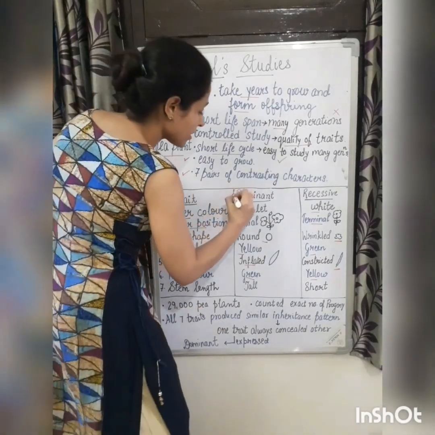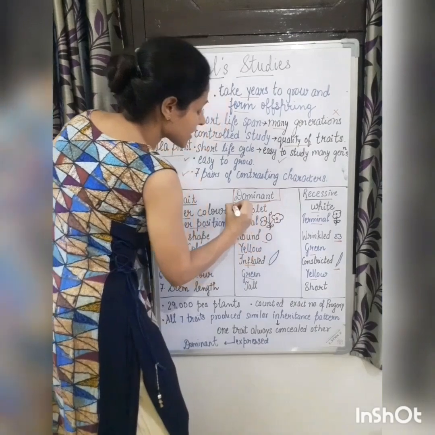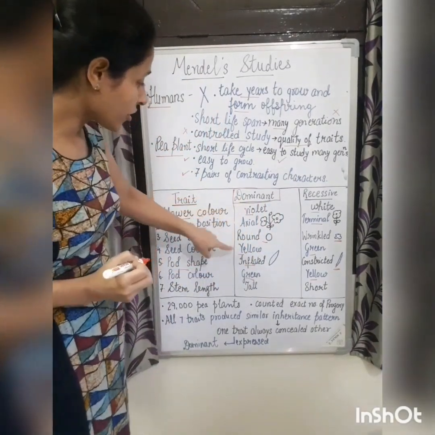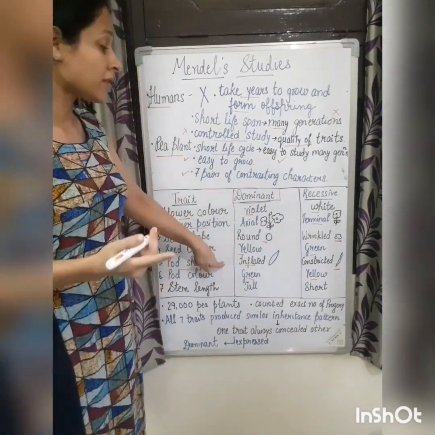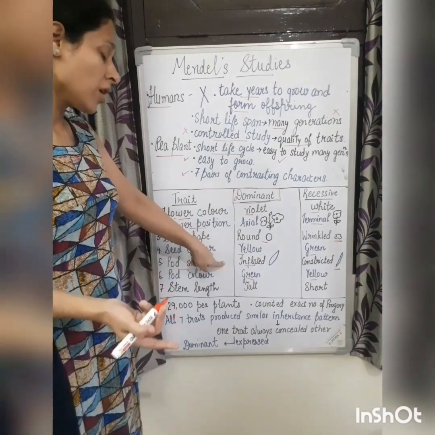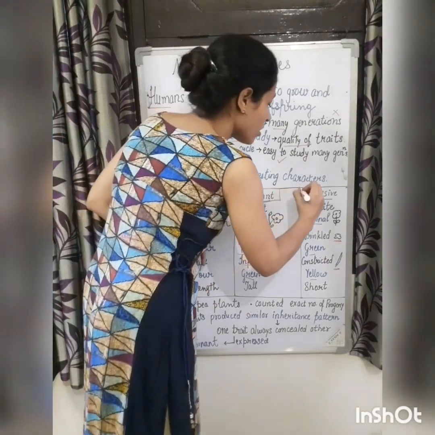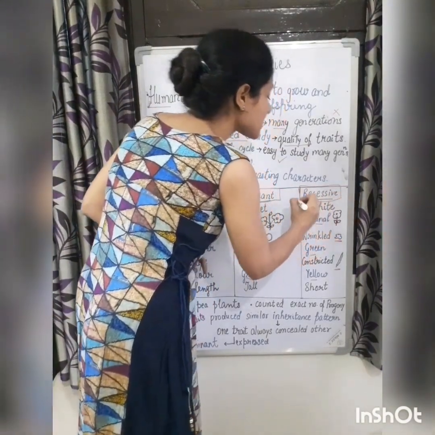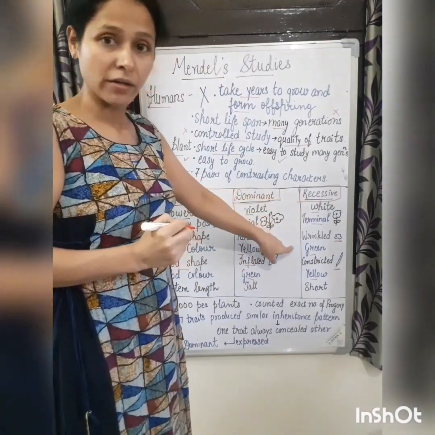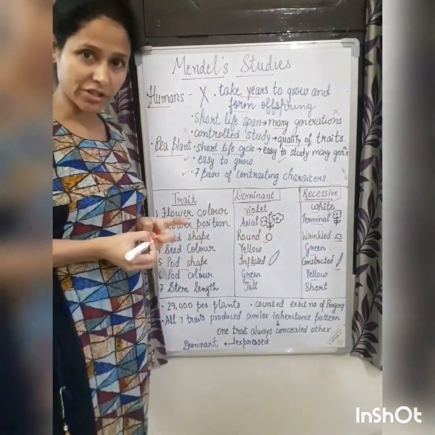So he called these traits dominant because they were expressed in the first generation of the progeny, and the others were called recessive traits since they were hidden in the first generation.